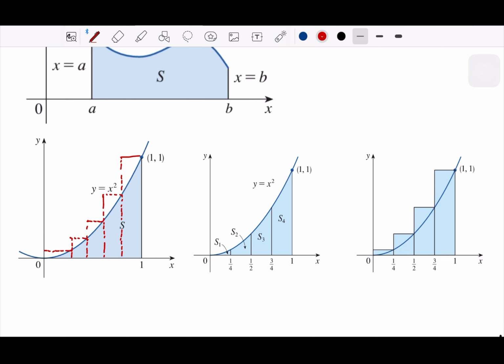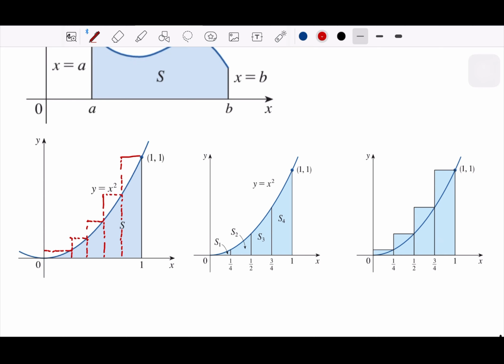So the base is 1/4, 1/4, all 1/4. And then we approach the area by using these rectangles. Okay. So first, we are going to compute the area of all the rectangles. Rectangle 1, rectangle 2, rectangle 3, rectangle 4, sum up all together. So S1 plus S2 plus S3 plus S4.